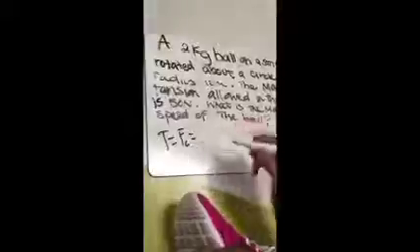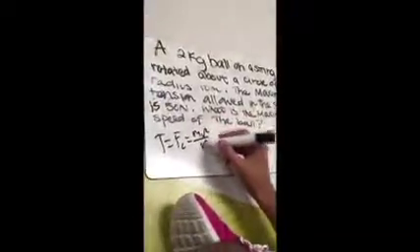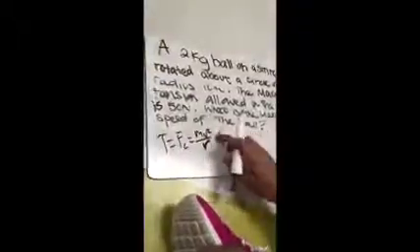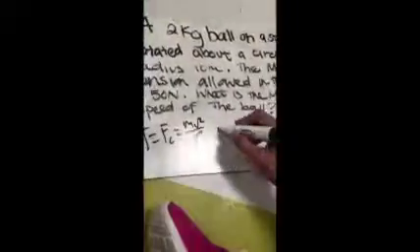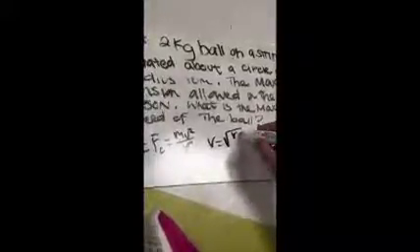So, to find velocity, we're going to use the formula where tension equals the centripetal force, which is m v squared over r. Now, in this problem, we're looking for speed, so we're going to derive this equation. So v equals the square root of radius times tension over mass.